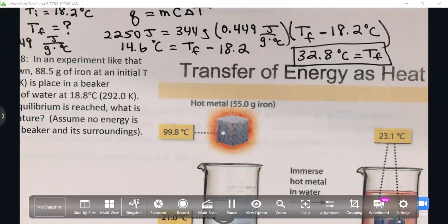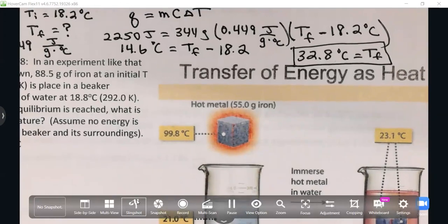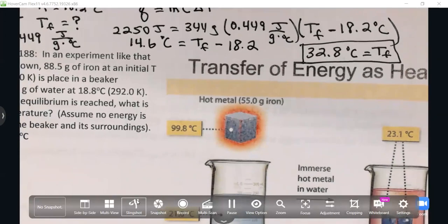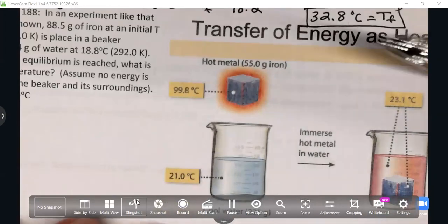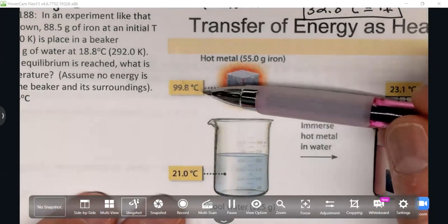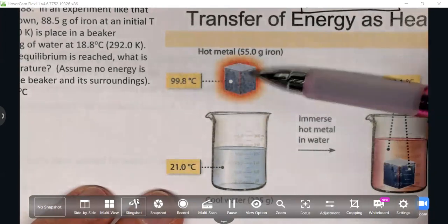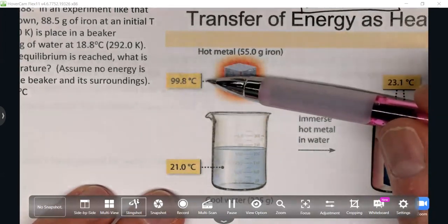Okay. Here is a typical example as well. So I think this picture comes directly out of the book. So we're going to heat up iron to 99.8, that should be up to the boiling point. So we can throw a chunk of iron in boiling water.